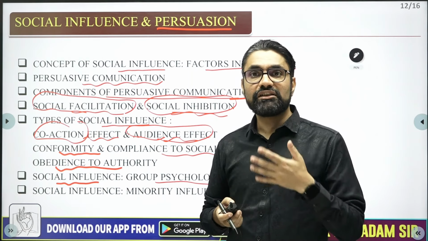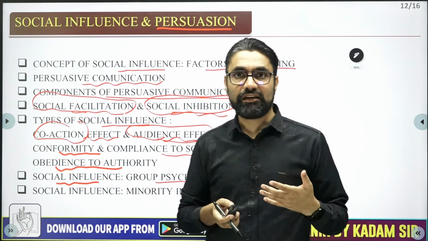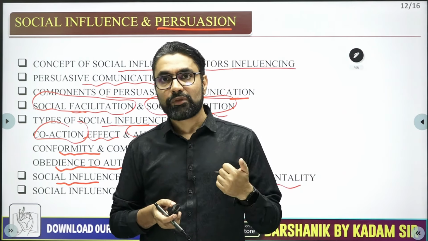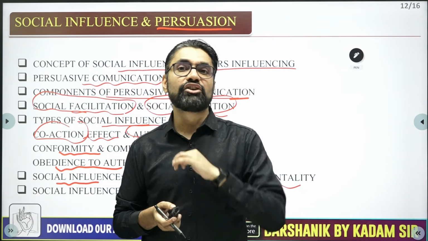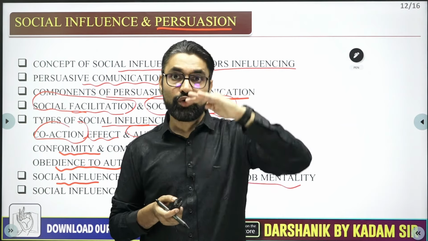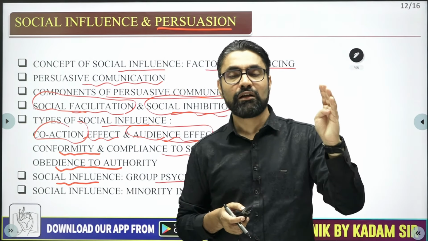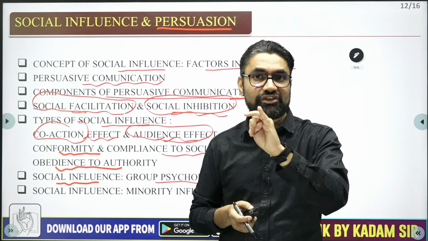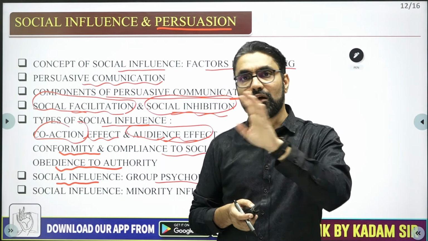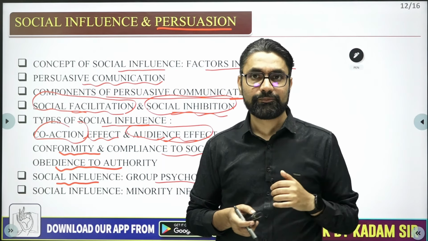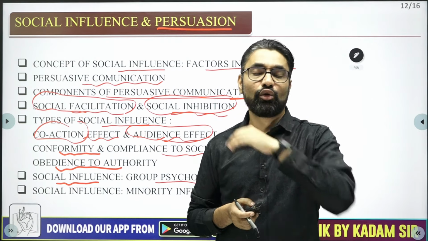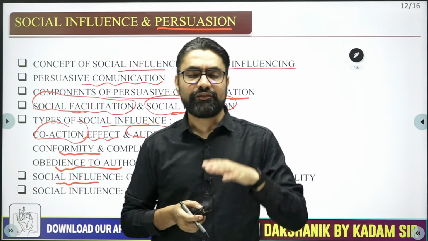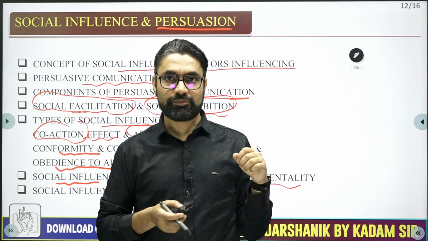And here I will discuss with you 4-5 sub-theories, that is the bystander effect, under which there are two parts: diffusion of responsibility and distribution of responsibility. So under group social influence, we will discuss the bystander effect, groupthink, group polarization, and de-individuation.